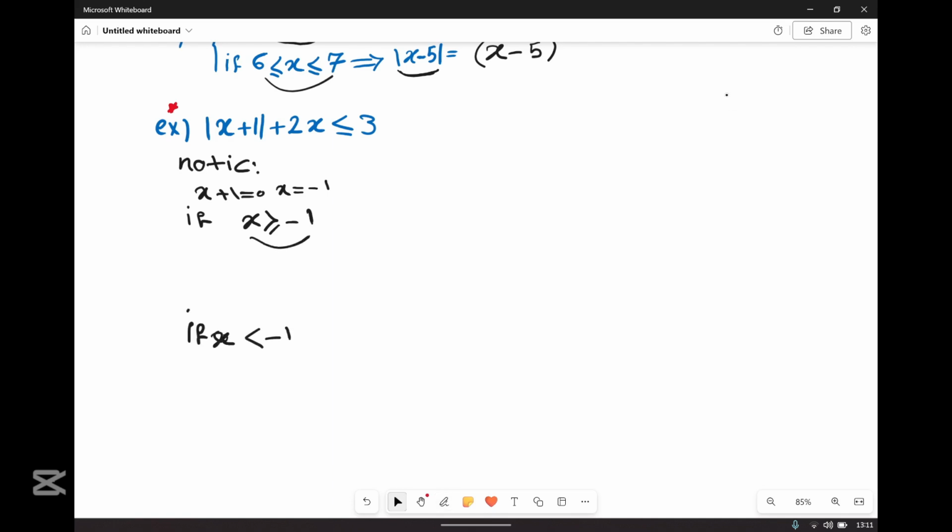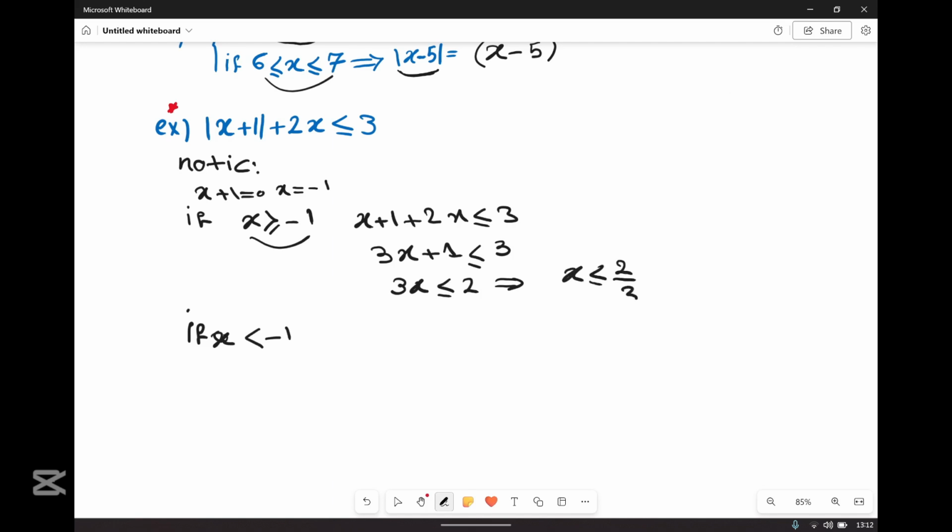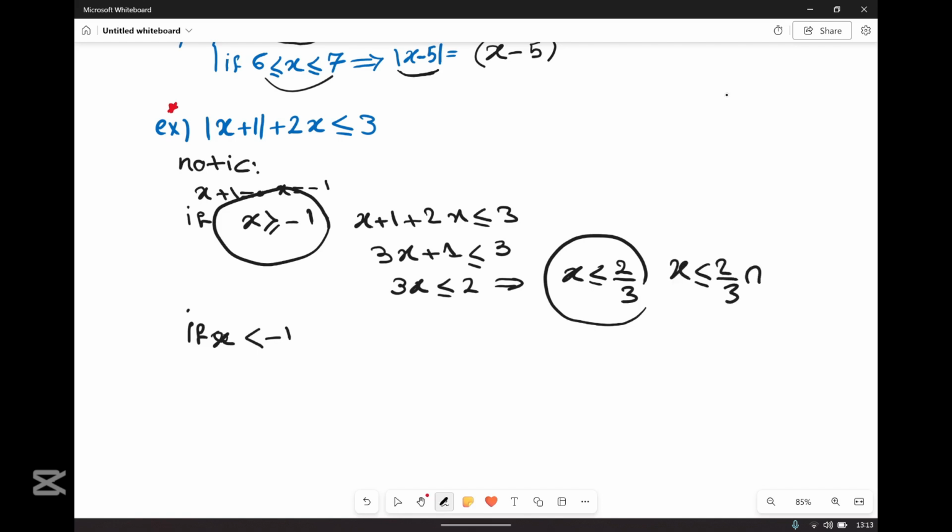If x is greater than -1, the expression comes out as itself, so x + 1 + 2x is less than 3, therefore 3x + 1 is less than or equal to 3, which turns out to x less than 2 divided by 3. From these two parts, we intersect x less than 2/3 with x greater than -1. The answer 1 is x between -1 and 2/3.